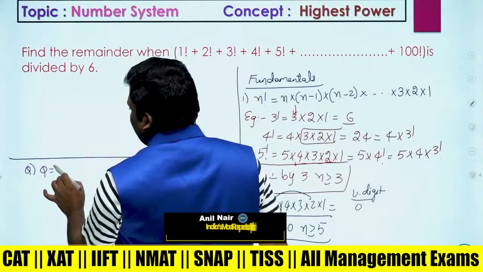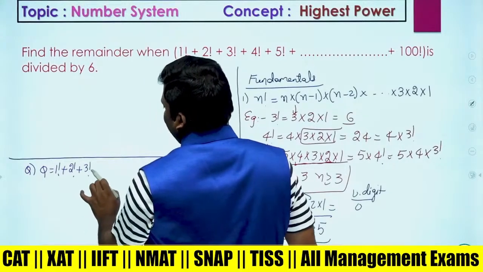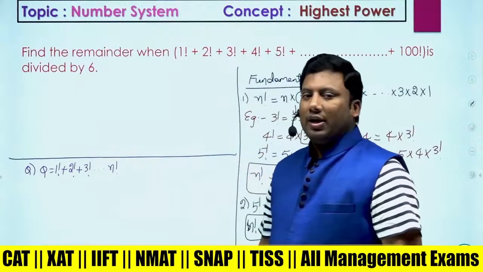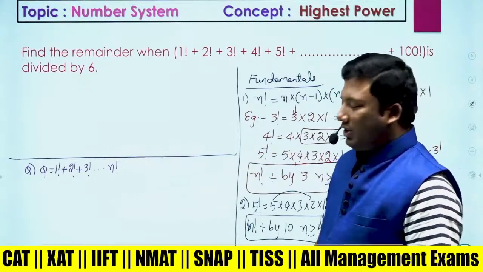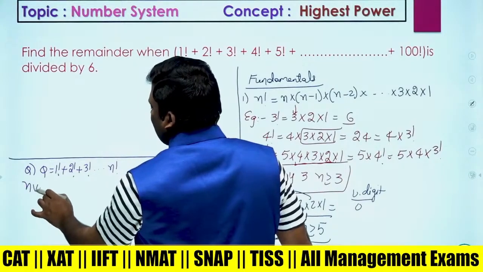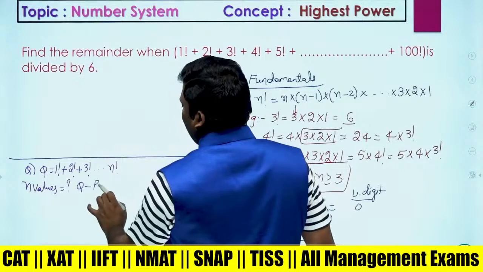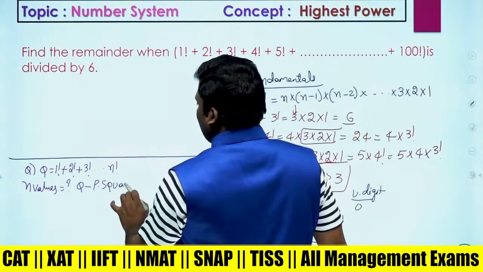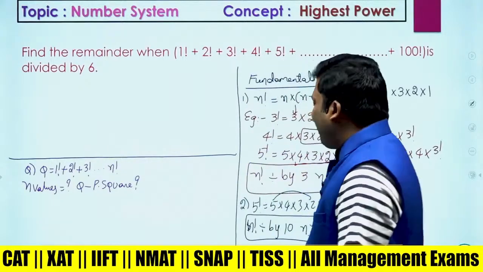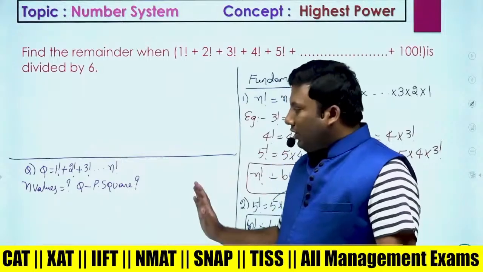Q is 1 factorial plus 2 factorial plus 3 factorial and so on up to n factorial.